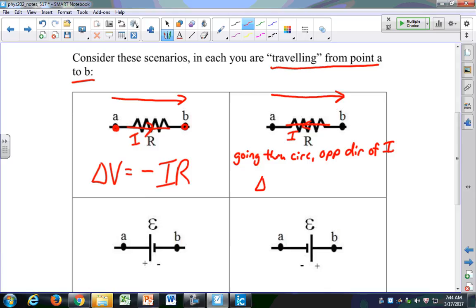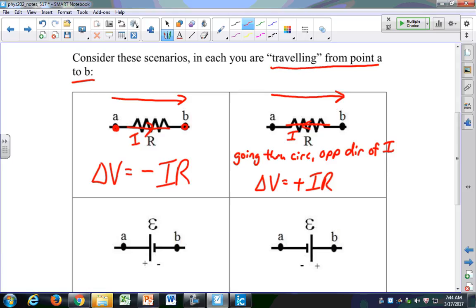In that case, delta V is not normal. That's not the normal thing that you go against the current. And so it's going to do the opposite of what it did before. So when I go across a resistor against the direction of the current, I imagine that my charges feel an increase in potential. Now this isn't real, right? Electrons don't do this when they're traveling through a circuit, but we're just imagining that that's the case. Mathematically, it'll help us to work through this loop rule.